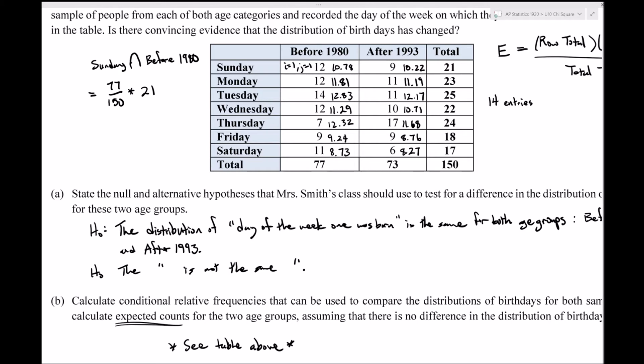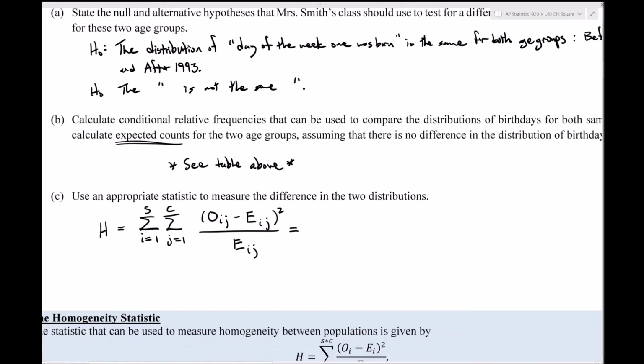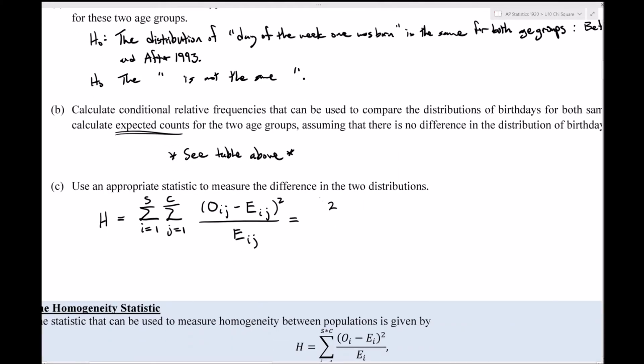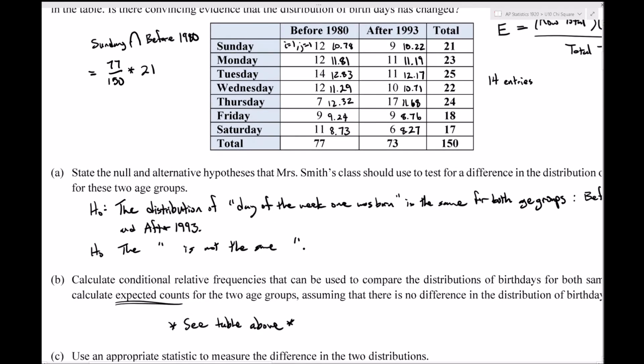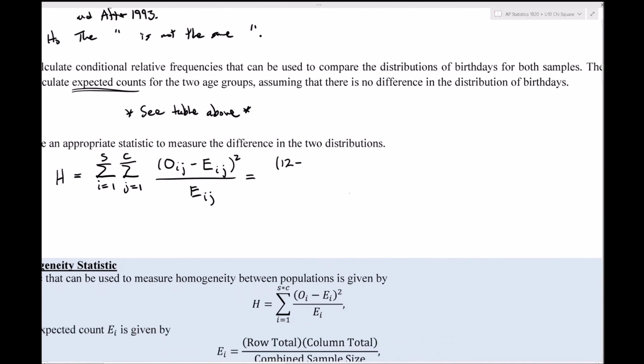For the first column, first row, we have the observed value 12. So this is 12 in parentheses minus the expected value for the same cell, 10.78. We square this quantity, and then we divide by the expected, 10.78.